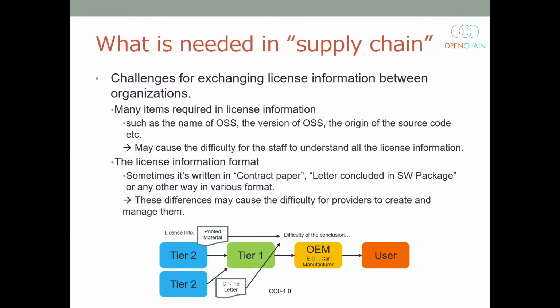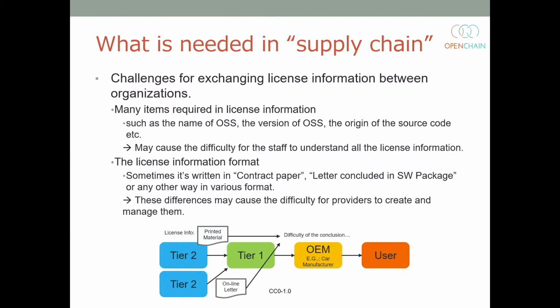So the license information has quite a variety of formats and styles. Sometimes it's written in a contract paper, a physical paper, or just a letter included in the software package, or any other way; various formats are used in current real business.